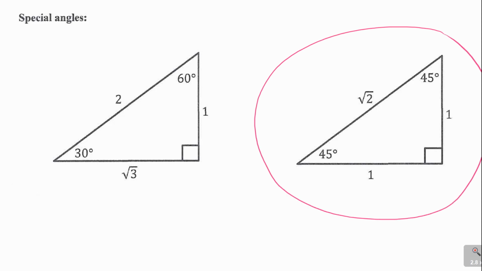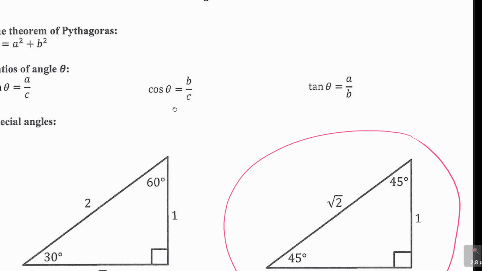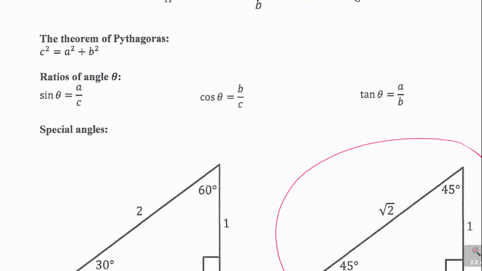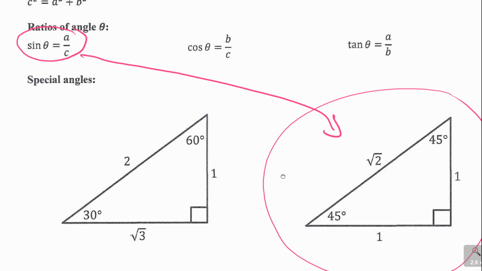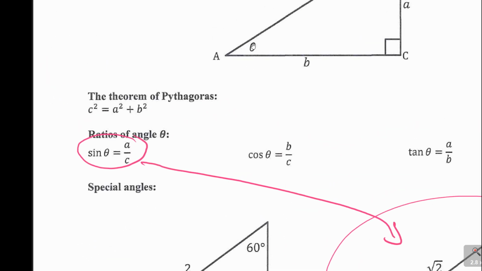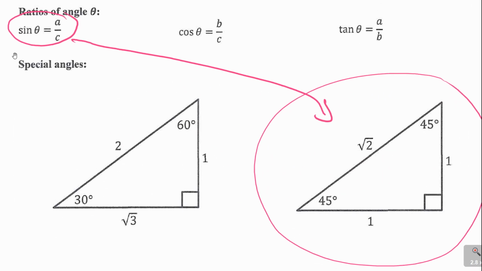Now you ask yourself, since you are dealing with sine, what you do is you come here to say what is sine, you link that to that. Are you seeing? Remember there is the theta down there, which means this is our 45.